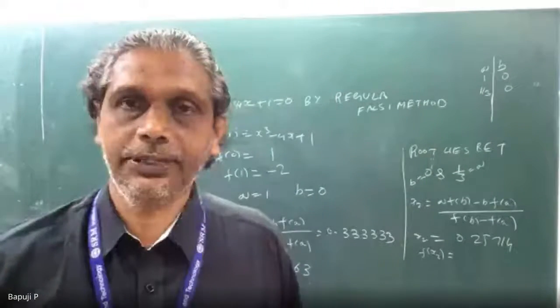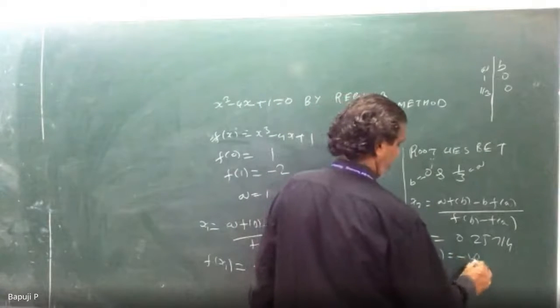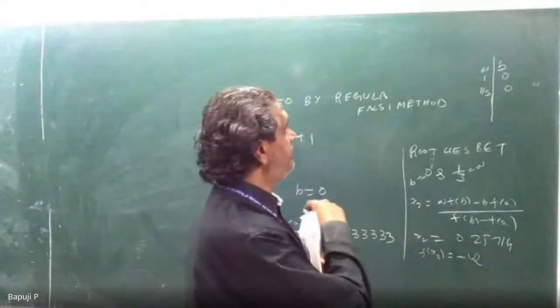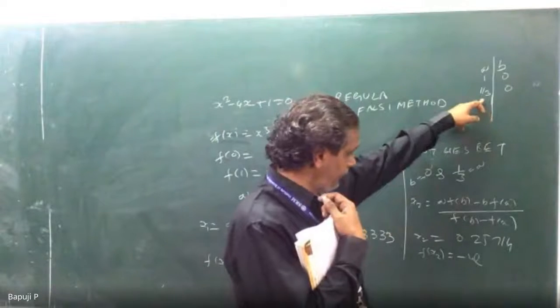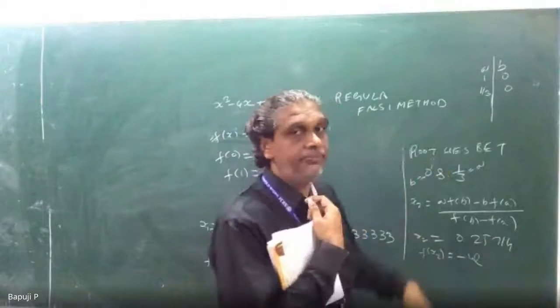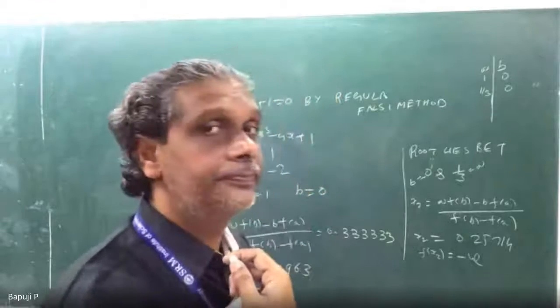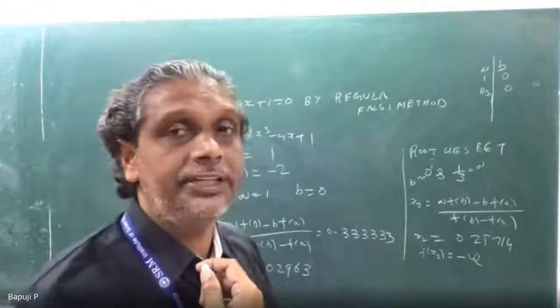Sir, minus 0.0115. Whatever it may be, it is negative, correct? So that value doesn't matter for me. Negative. Now the previous negative value is 1 by 3, so I leave this one. Now my root lies between 0 and 0.2574.